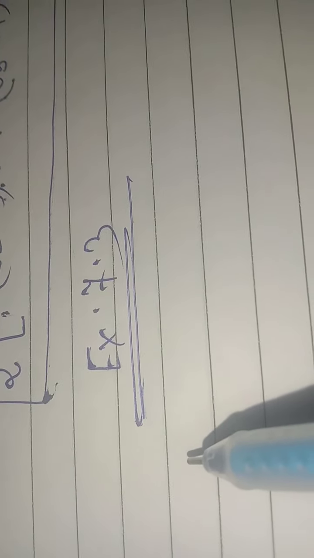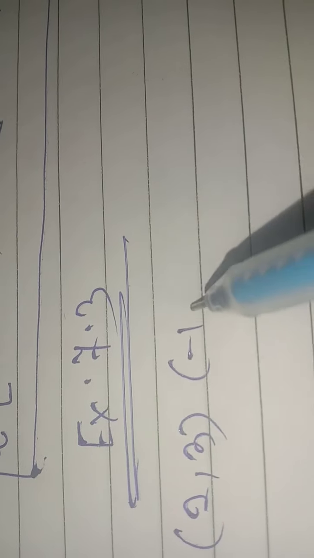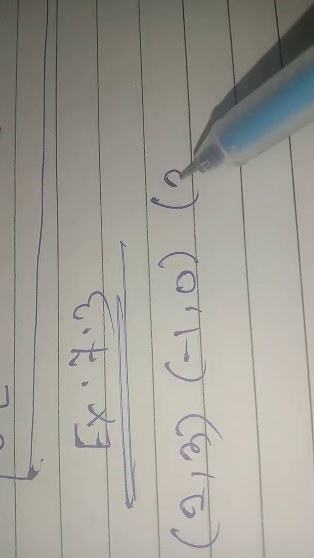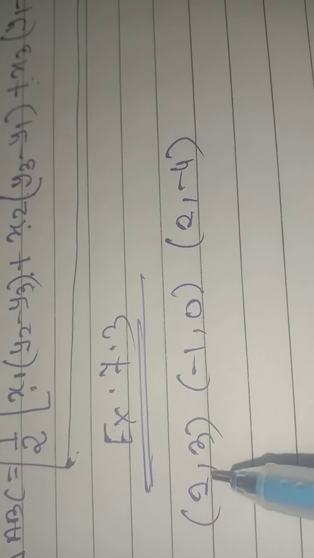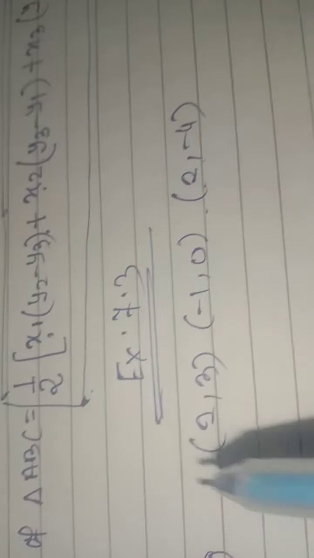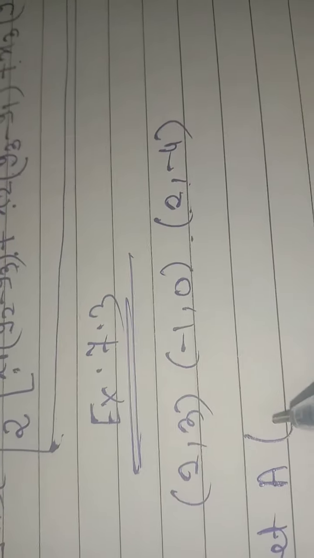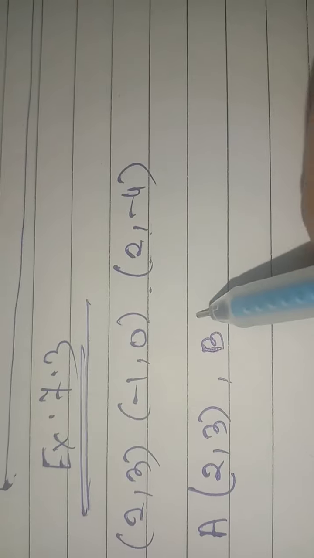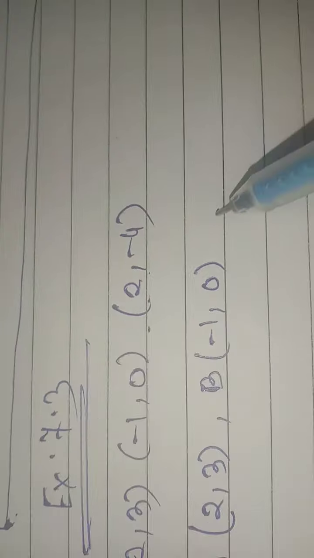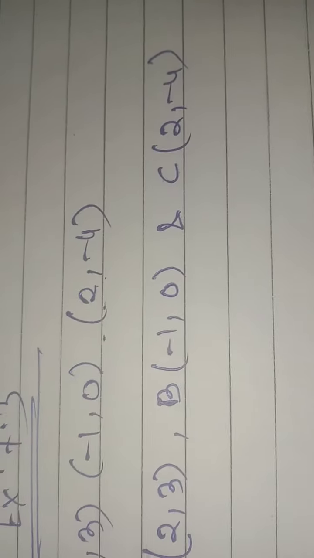We are given some points here like 2, 3, minus 1, 0 and 2, minus 4. We have to find the area of the triangle with the given points. So what we'll do here, let coordinates of A be 2, 3, coordinates of B be minus 1, 0 and coordinates of C be 2, minus 4.